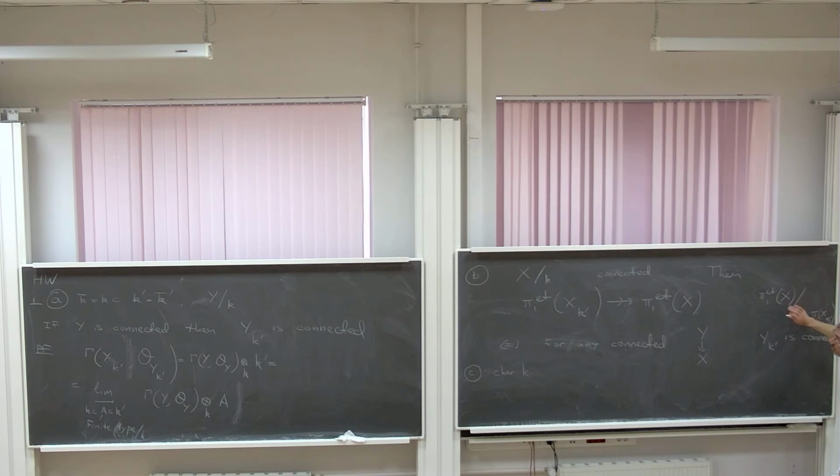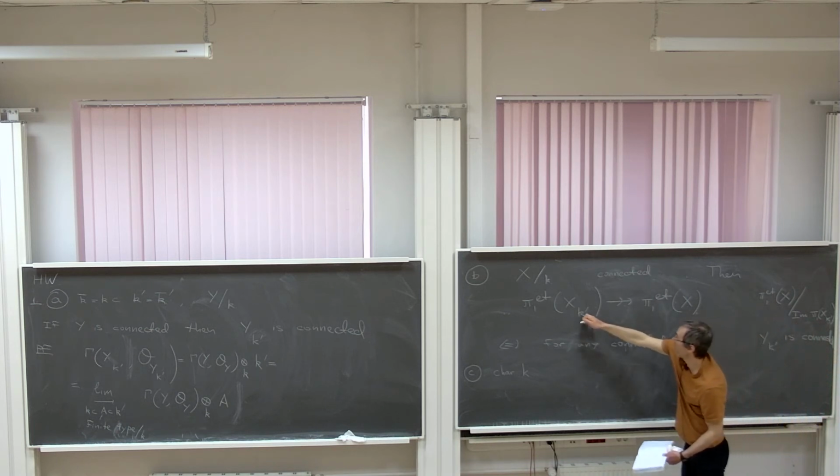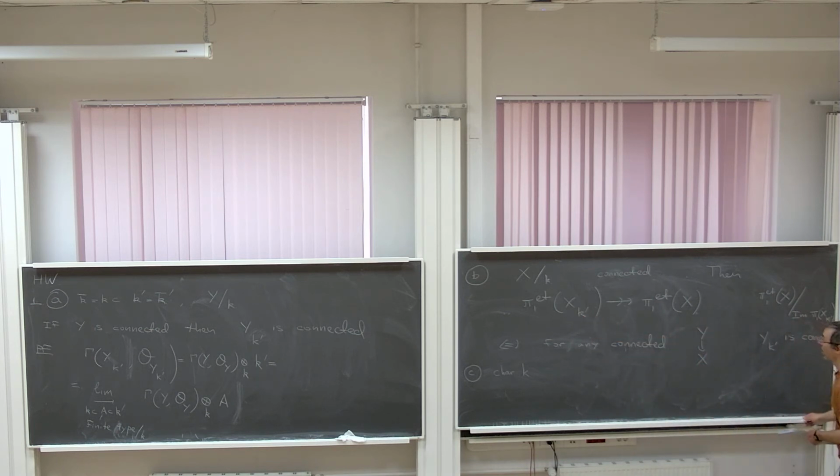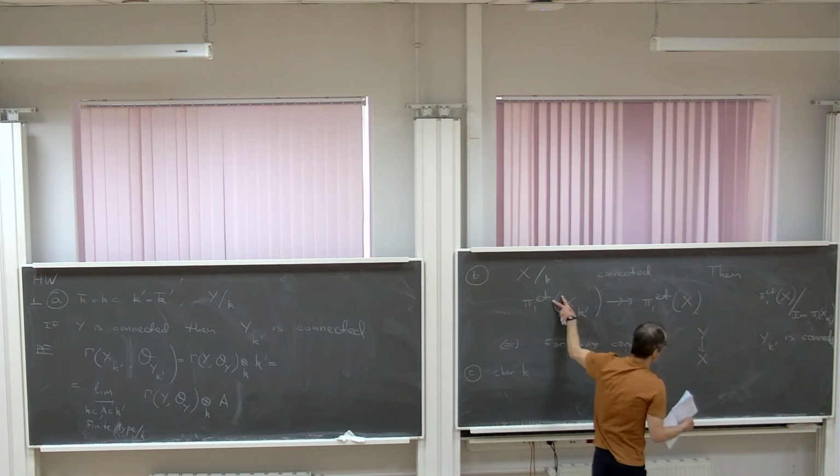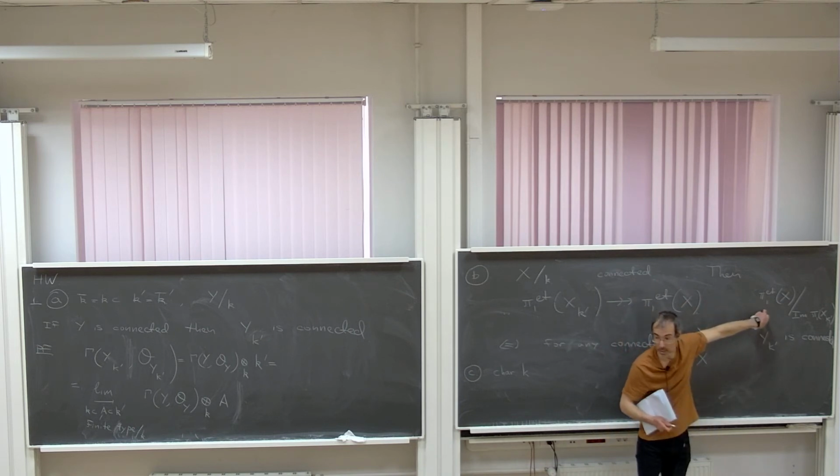Now, I would like to say that it corresponds to a cover, and then if you pull back this cover to X K prime, it's going to be disconnected because the action of this group here is definitely not transitive, since you have point 1, which is stabilized by this action.